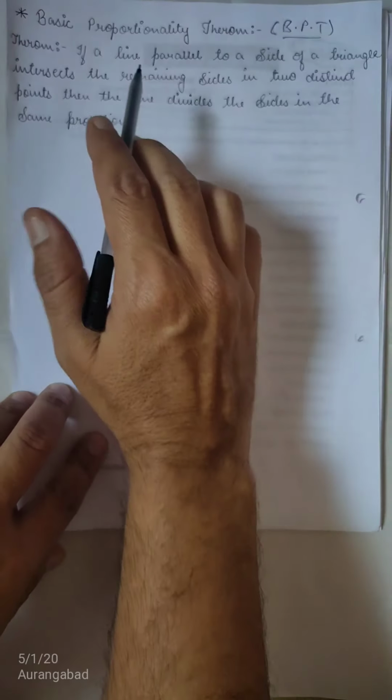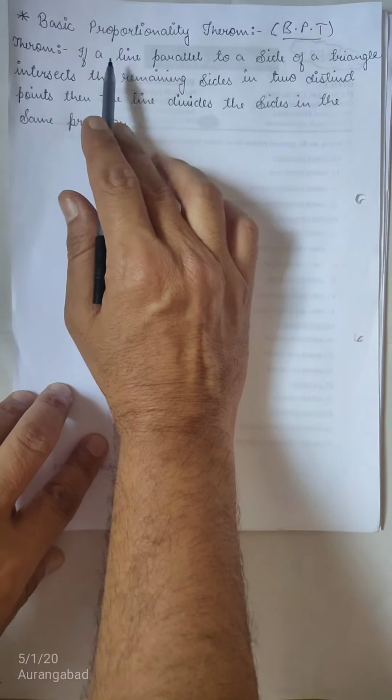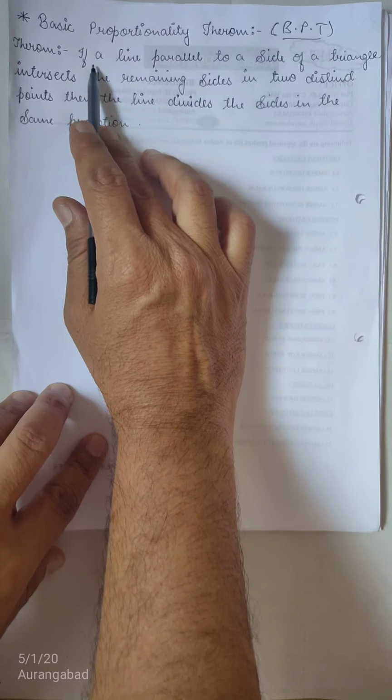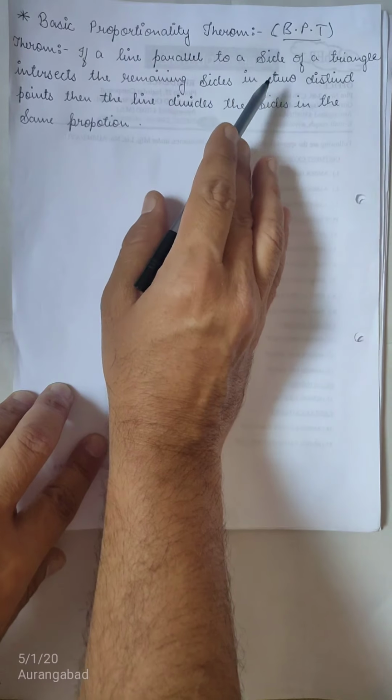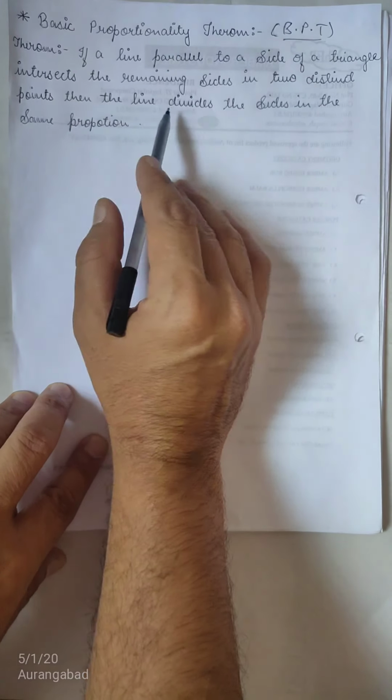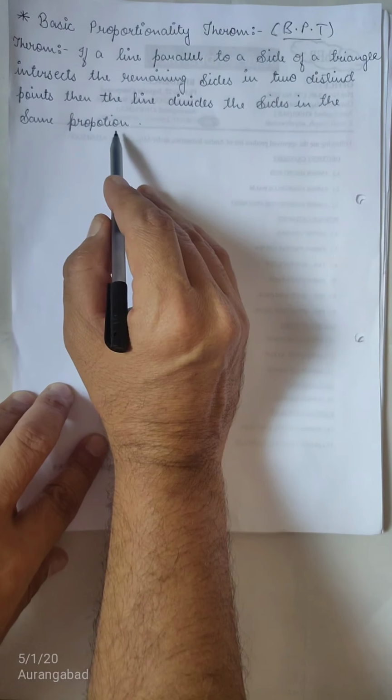Now we will start with basic proportionality theorem. The theorem states that if a line parallel to a side of a triangle intersects the remaining sides in two distinct points, then the line divides the sides in the same proportion.